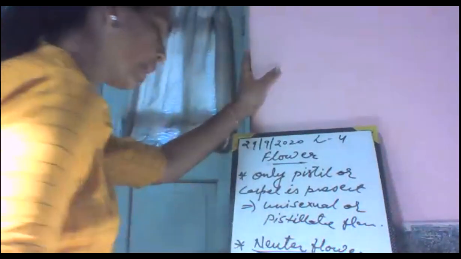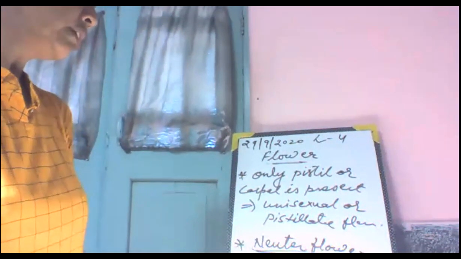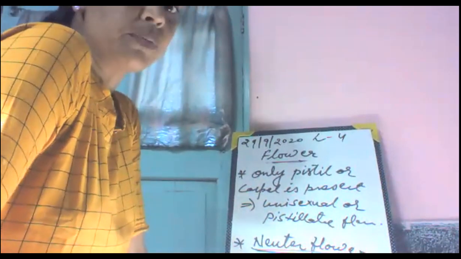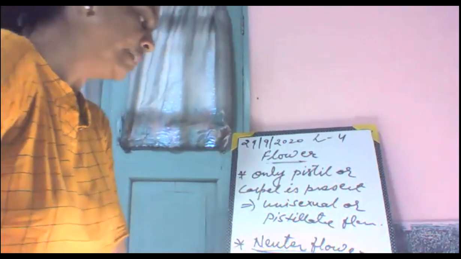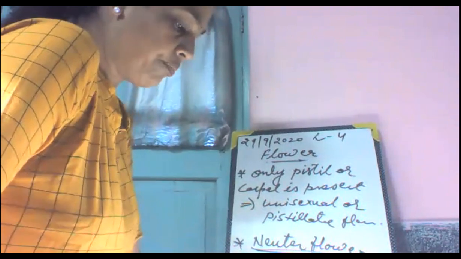It means they do not have either reproductive organ, male or female, stamen or pistil. Both are absent, and that type of flower is known as a neuter flower.